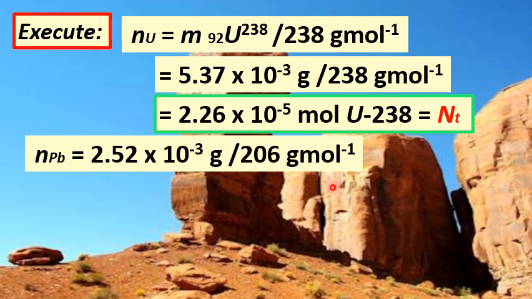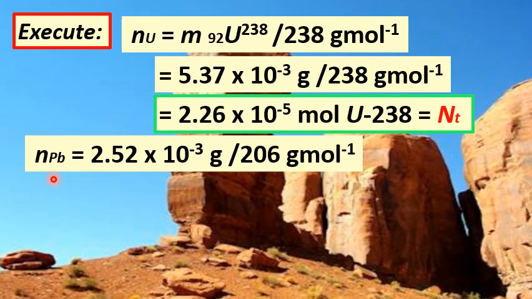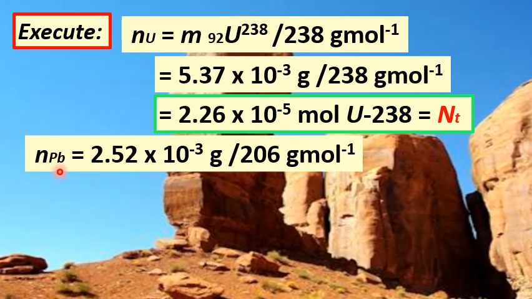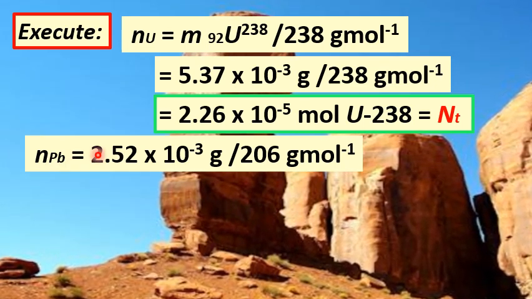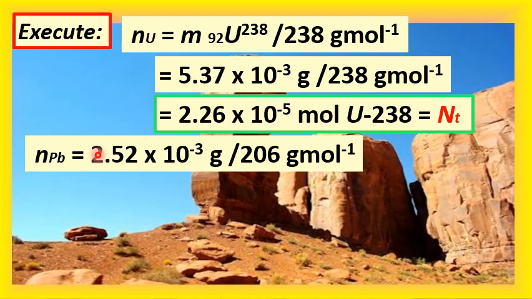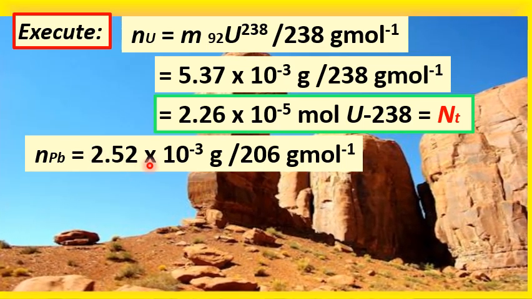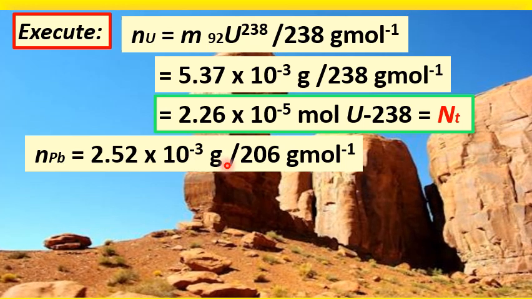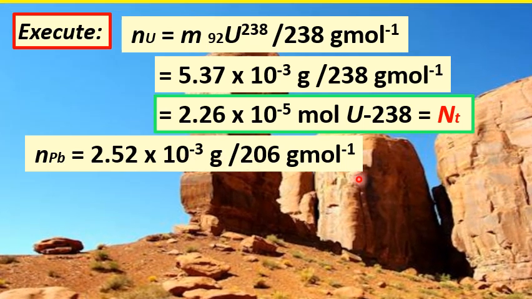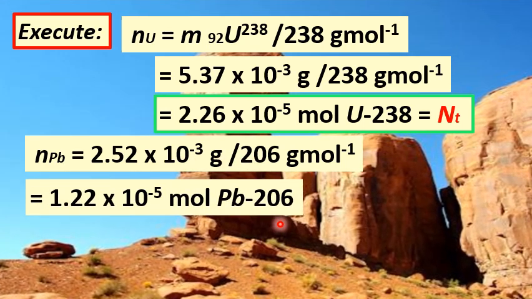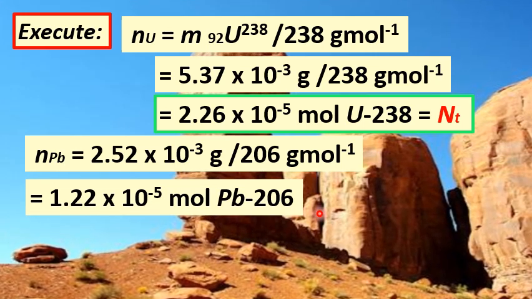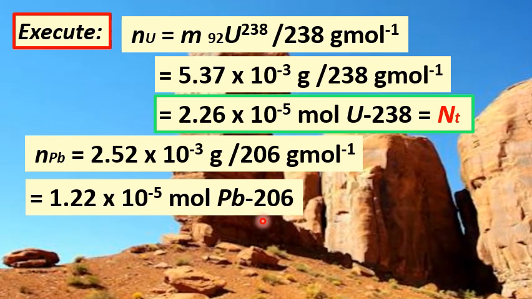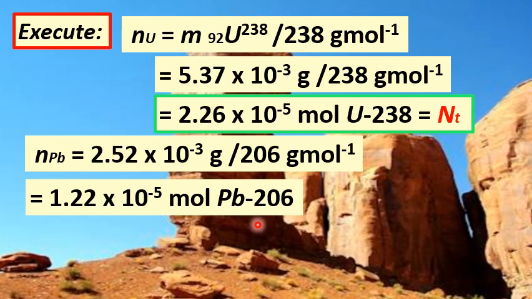So likewise, for the number of moles of lead-206, its mass of 2.52 times 10 to the negative 3 grams divided by 206 grams per mole, we get 1.22 times 10 to the negative 5 moles of lead-206.